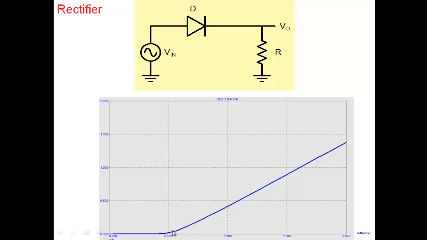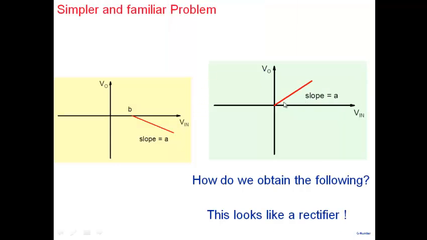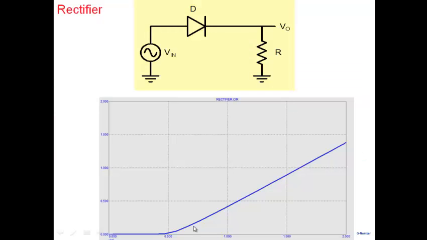And once the input crosses about 0.5 or 0.6 volts, then the diode starts conducting, and practically the entire voltage that you see here gets dropped here. So the output starts rising, and the slope of this V0 versus V in is basically equal to 1 here. So it gives us a characteristics of this kind, except that it's already shifted towards the right by a certain amount, and it gives us a slope of 1 here.